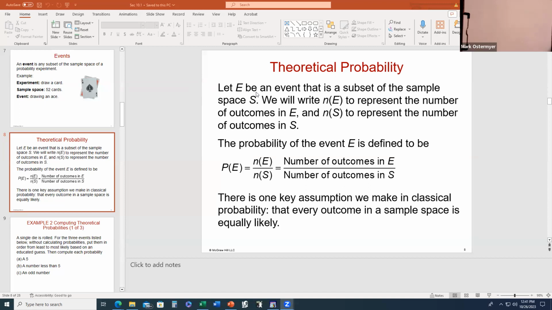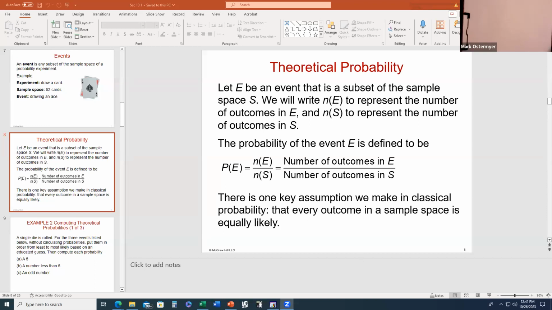Suppose we have an event E that is a subset of our sample space S, and suppose that n of E represents the number of ways that event E can occur. Suppose that n of S represents the total number of outcomes that exist in our sample space. So this lowercase n represents the word number. Now, the probability of event E occurring is computed by using this theoretical probability rule.